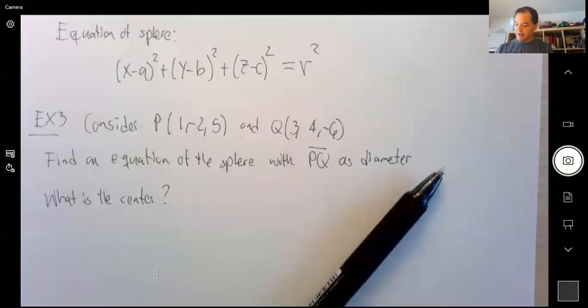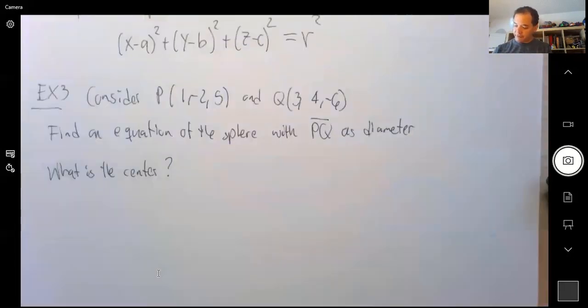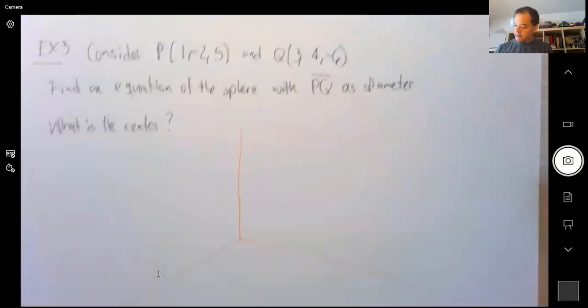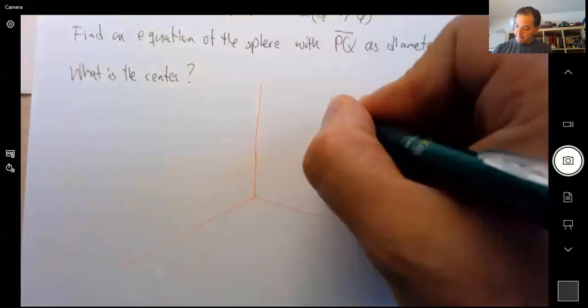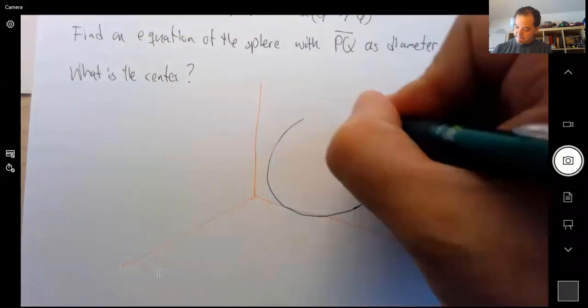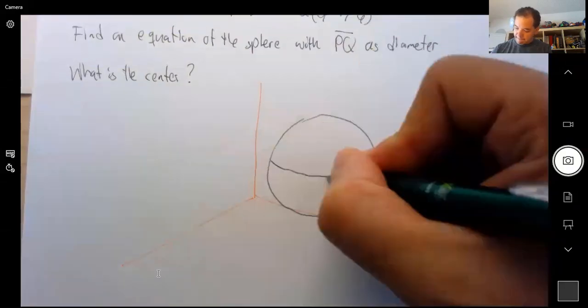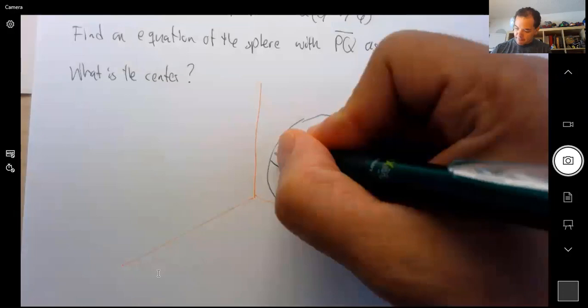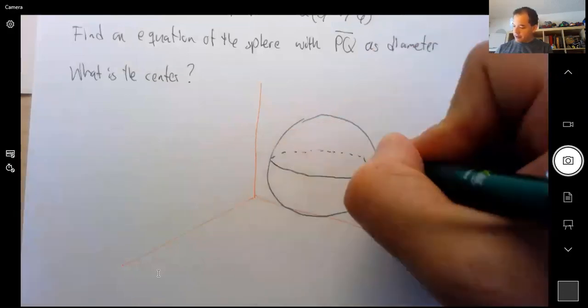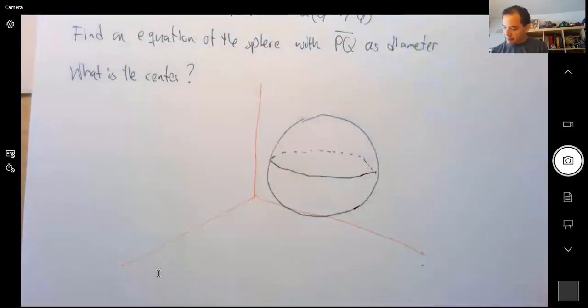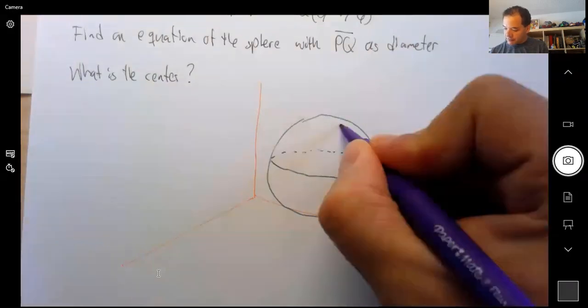So let me do a picture here of an arbitrary sphere. If I draw a sphere here, there's my sphere, and I have 2 points that are the diameter of the sphere. So maybe this one and that one.